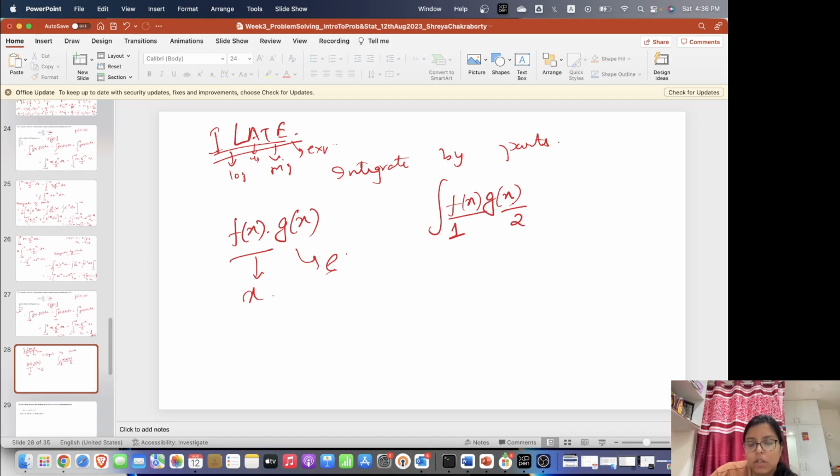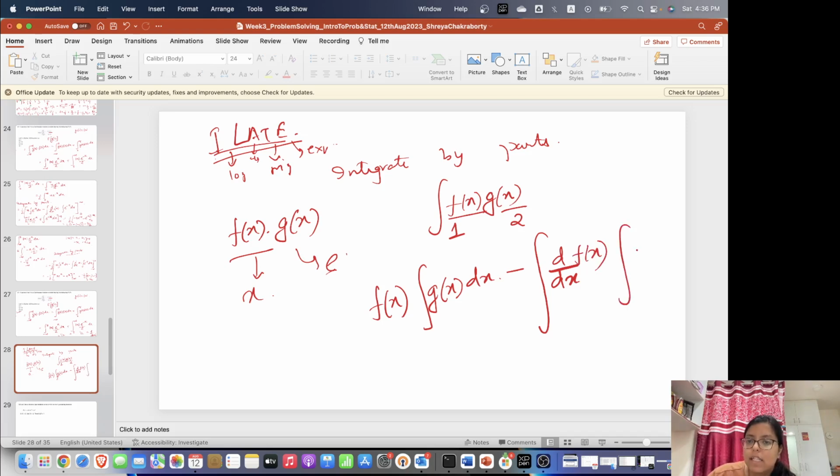What we usually do is first we keep f(x) as it is, integrate in terms of the second function, minus within the integration we first differentiate the first function and then we integrate the second function dx, and this entire thing we again integrate.